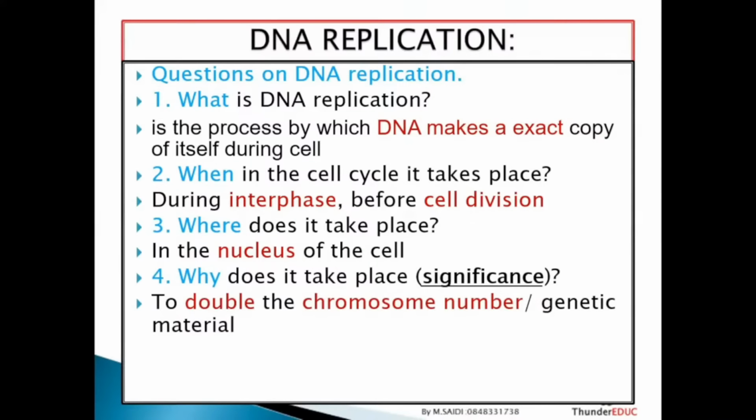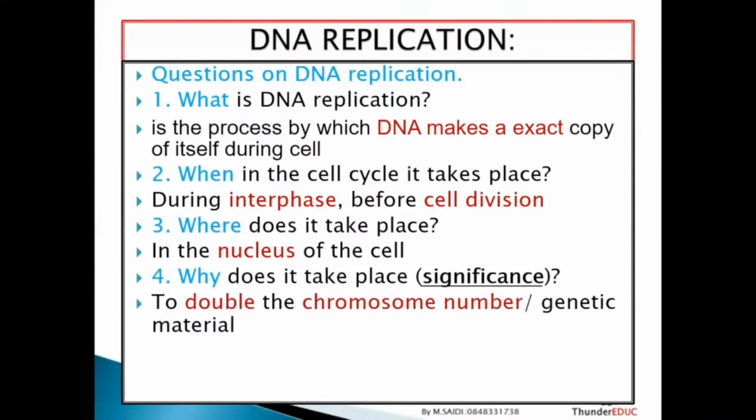The chromosome number. Don't say to increase the chromosome number. Yes, it's correct, but you want to see the word doubling: to double the chromosome number, or to double the genetic material, so that each cell can obtain an exact number of chromosomes. So why does it occur?